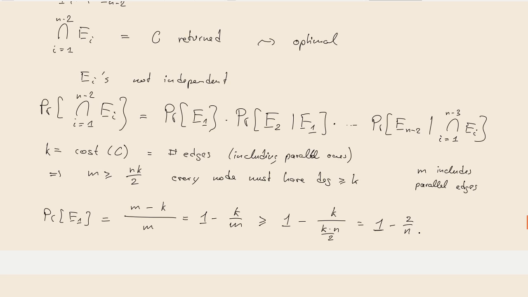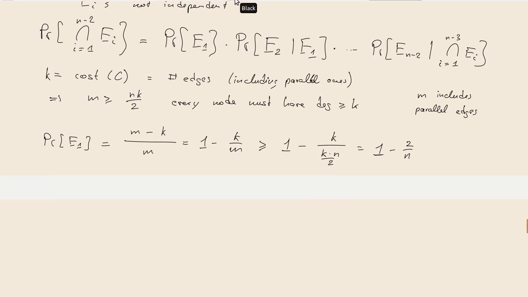So that looks pretty promising. At least for the first edge, we have a pretty good probability to not hit one of the cuts by the simple observation that if a cut has a certain size, the graph must have a certain number of edges. The problem will be that the probabilities for the later events are a bit different.